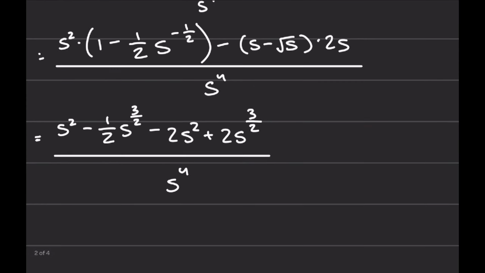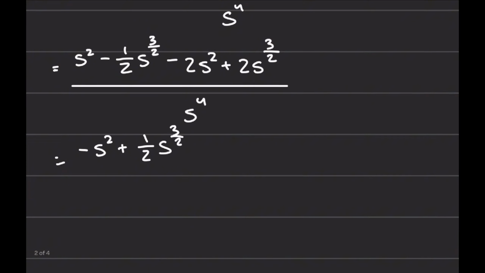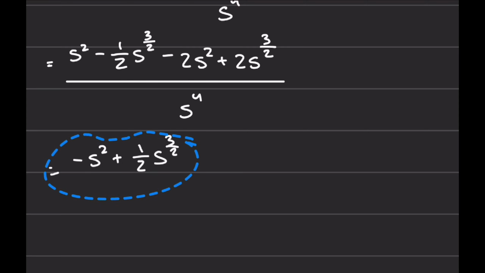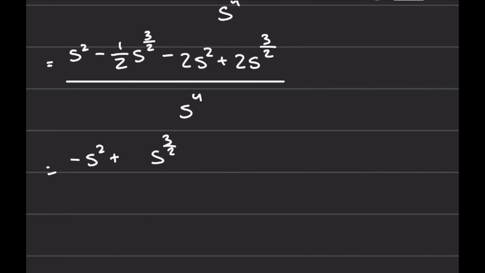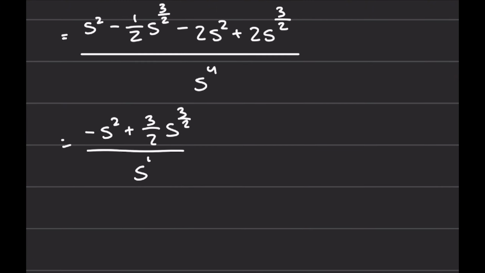Now, let's see, we can condense some of these terms, right? We're going to get negative s squared, and then plus 3/2 times s to the 3 over 2. Oh, mistake there. This should be 3 over 2. Right, yeah. Okay, and then over s to the 4th.